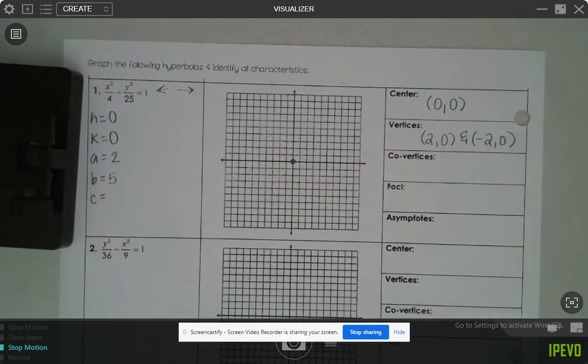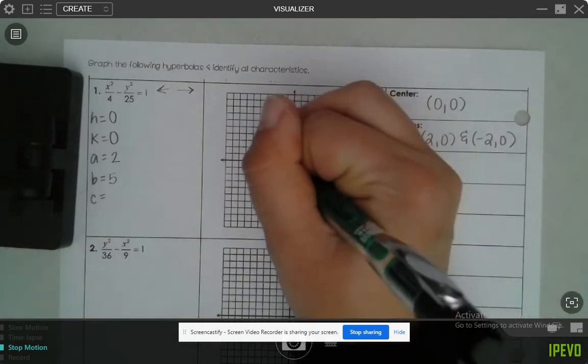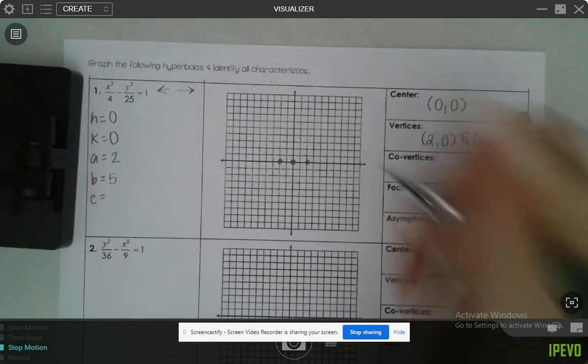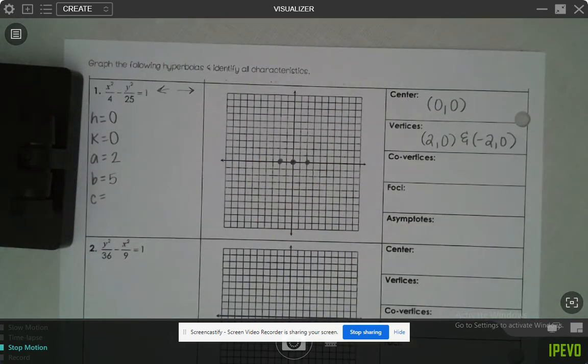Well, I'm not graphing yet. Now, your vertices get graphed like real points. Co-vertices. That's plus or minus B. What's B? 5.